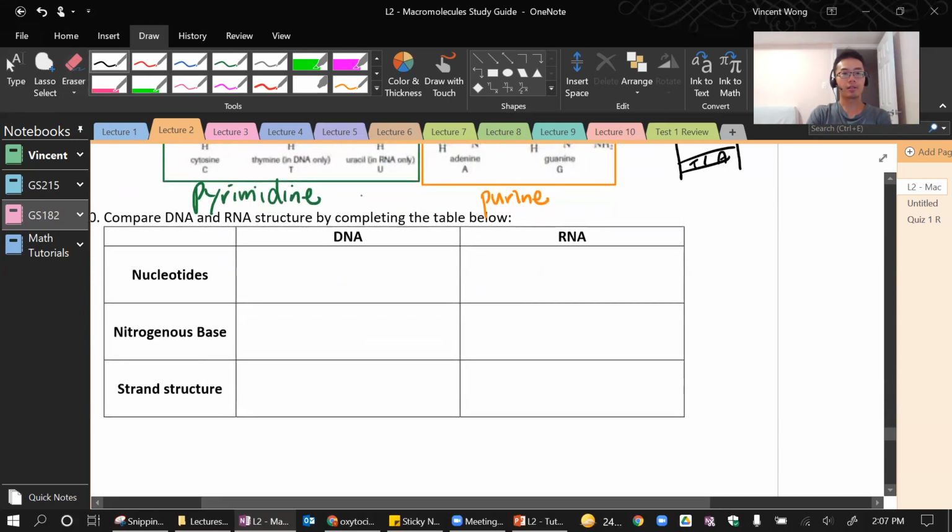Compare DNA and RNA structure. So DNA, the nucleotide, we are going to have the phosphate plus deoxyribose. Okay, it's a ribose sugar that's missing an oxygen, and plus a nitrogen base.